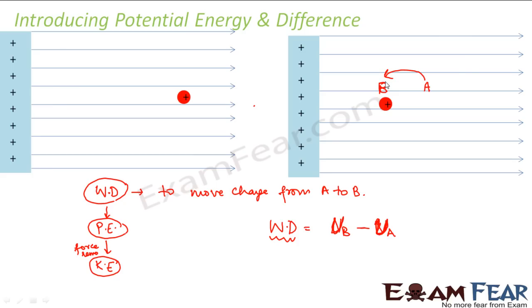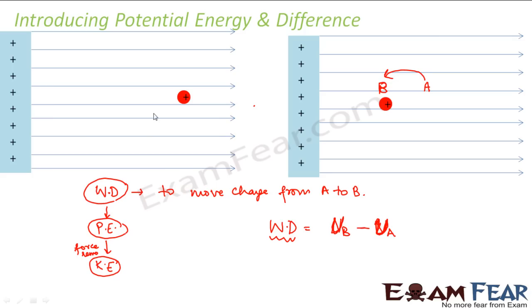So I'll quickly prove that the statement which I told just now is true. In the next slide, I'll prove that work done does not depend upon the path and it completely and wholly depends only on the initial and the final position.